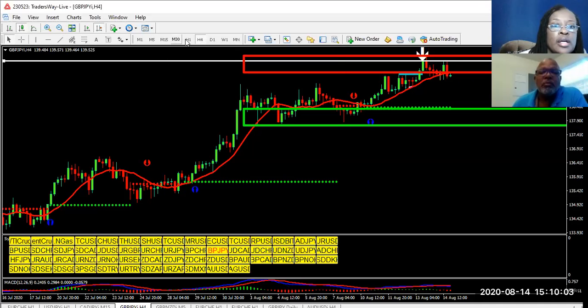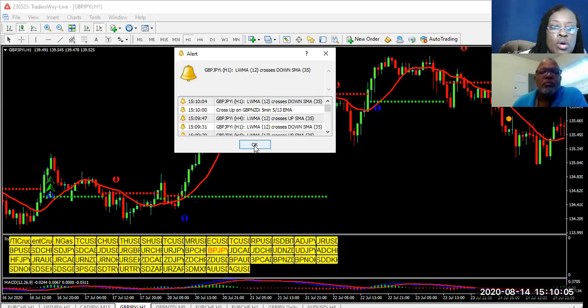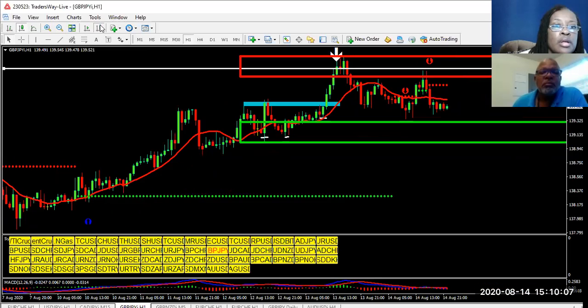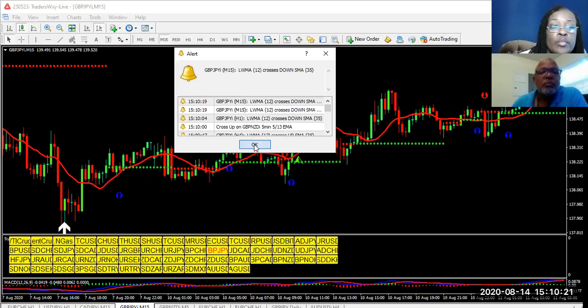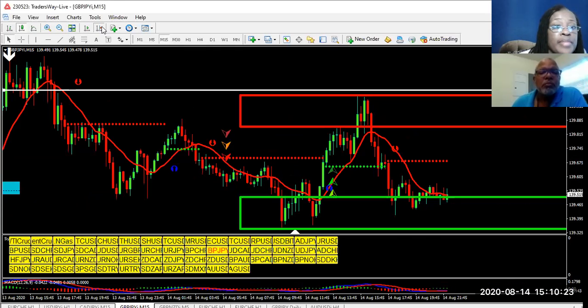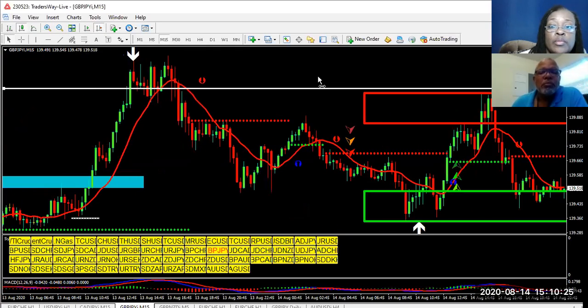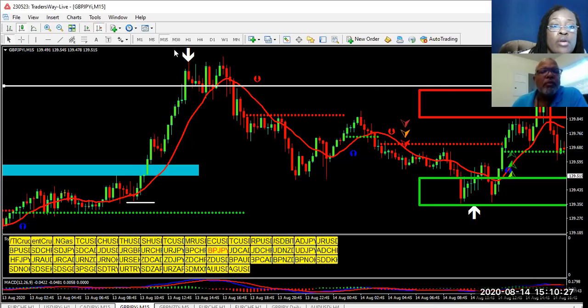So everything must support the trend. Now, still on that, we want to drop down to the 15-minute, and we're looking for the exact same thing. Here's the arrow, it's bearish. Because this is after the fact, you see that move was made.